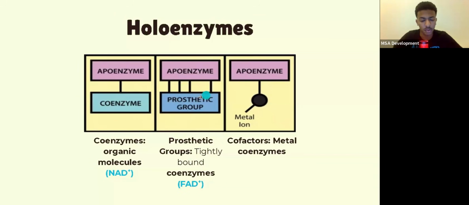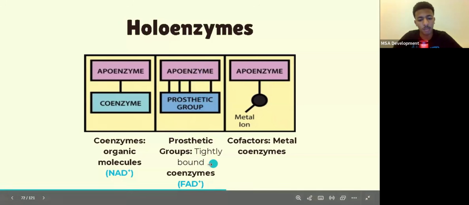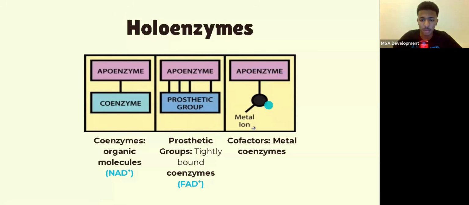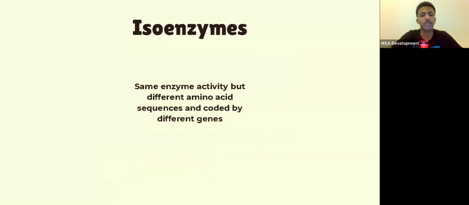The prosthetic groups are coenzymes, however, they're tightly bound. An example of this is FAD+. And then we have apoenzymes bound to metal coenzymes, and the metal coenzymes are known as cofactors. Three different types of holoenzymes, pretty simple.